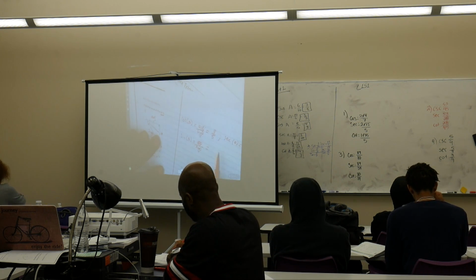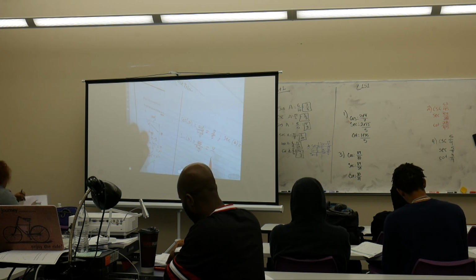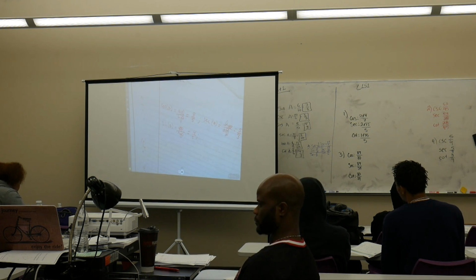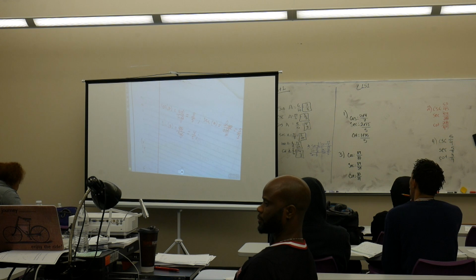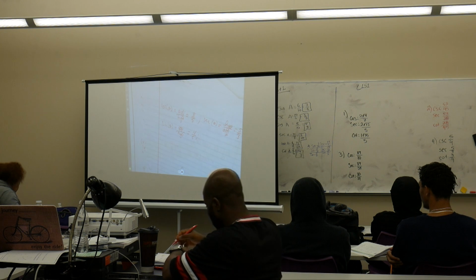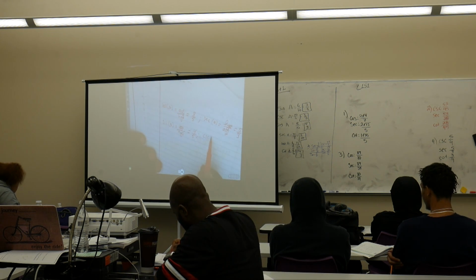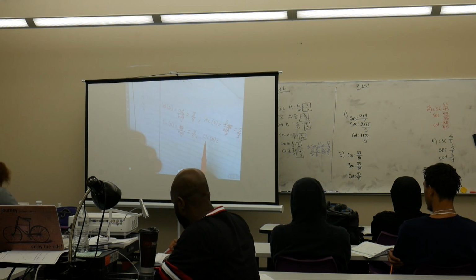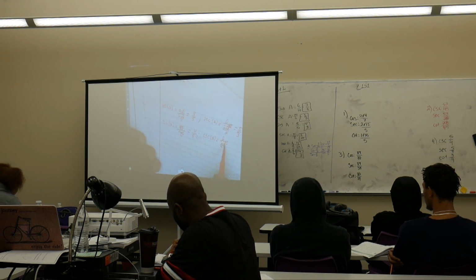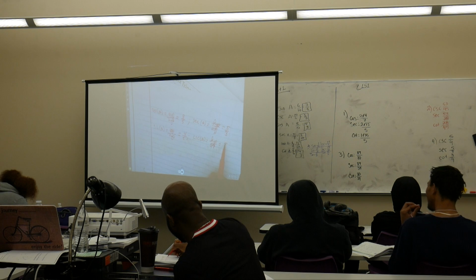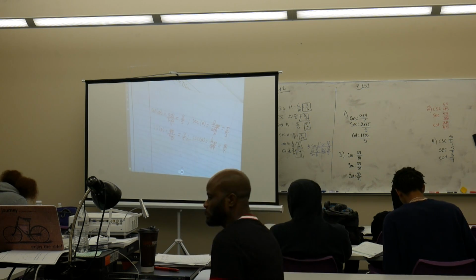Opposite was 4 over the hypotenuse we found was 5. Everybody see that? And so if I flip the sine, I get what? Cosecant. If sine is opposite over hypotenuse, cosecant is hypotenuse over opposite. So 5 over 4.